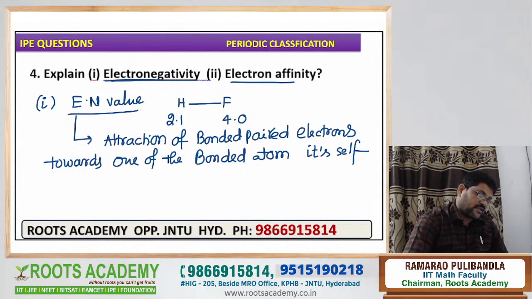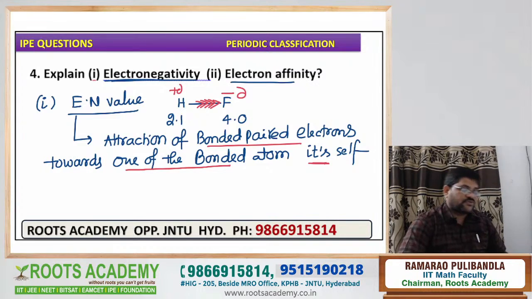Repeat the statement once again, students. What is electronegativity? Attraction of the bonded paired electrons towards one of the bonded atoms itself. That means the fluorine EN value is more. Now the bonded electrons are attracted towards which side? Fluorine side. Now fluorine gets a negative charge and hydrogen gets a positive charge. That is the meaning of electronegativity value. Understood?